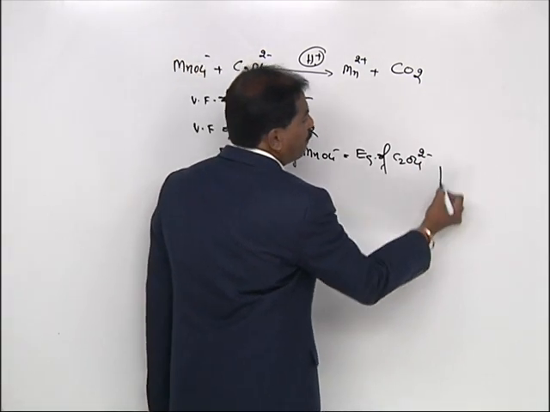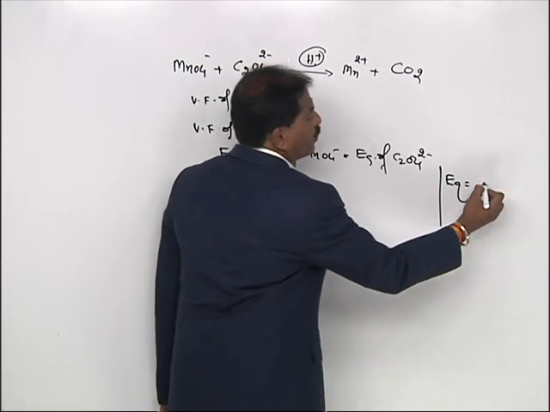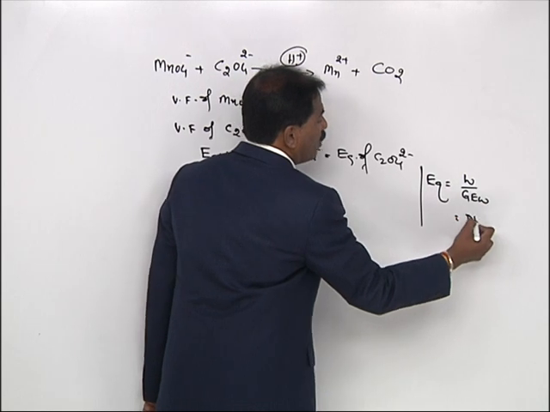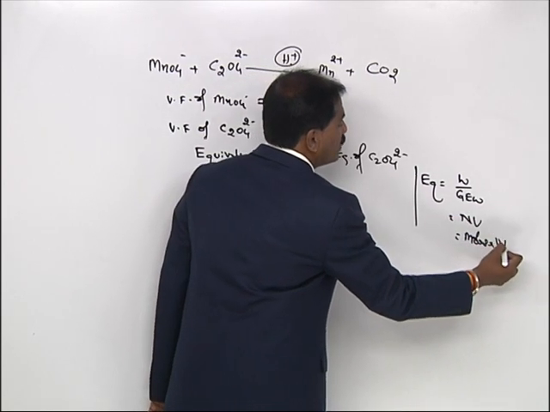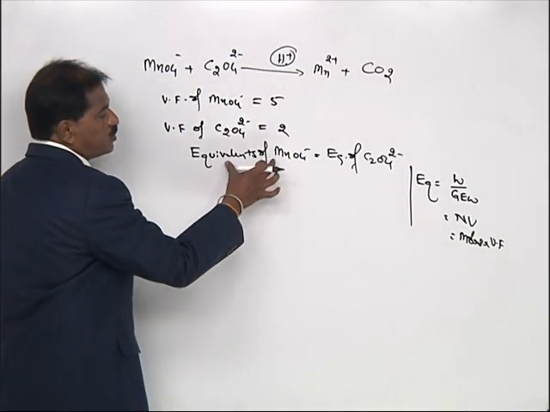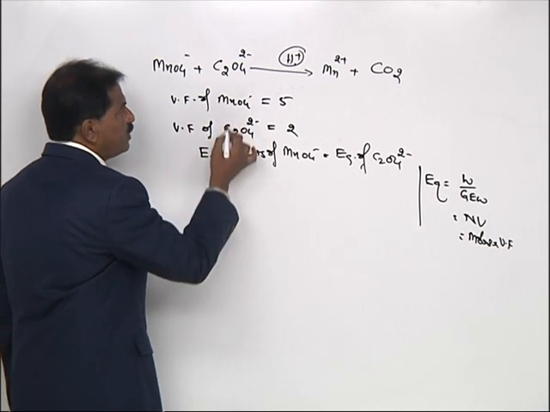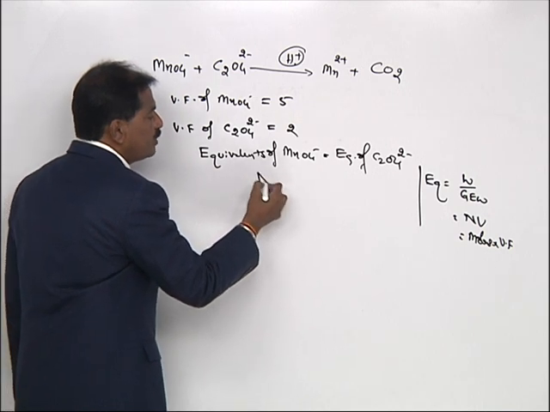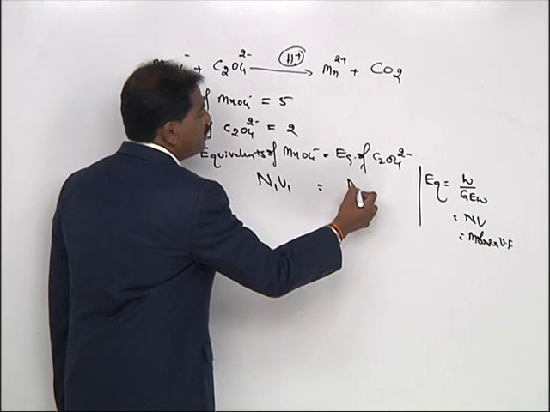For example, equivalence means weight by gram equivalent weight, or normality into volume, or moles into valency factor. Any one of these suitable formulas can be used to calculate the equivalence.